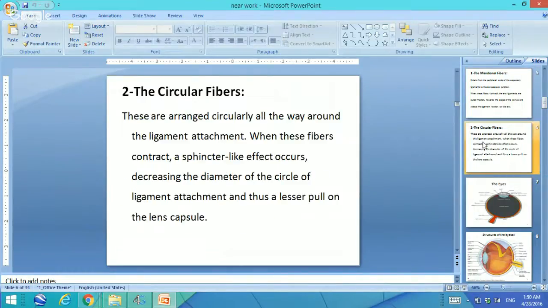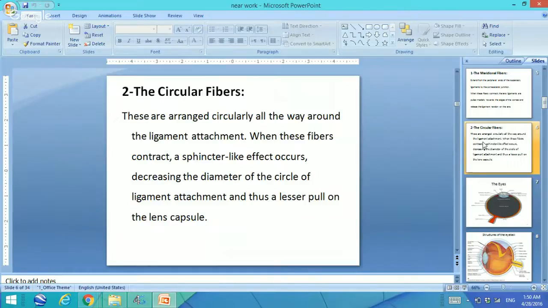The other fibers or muscle are the circular fibers. These are arranged circularly all the way around the ligament attachment, all around the circle of the eye.